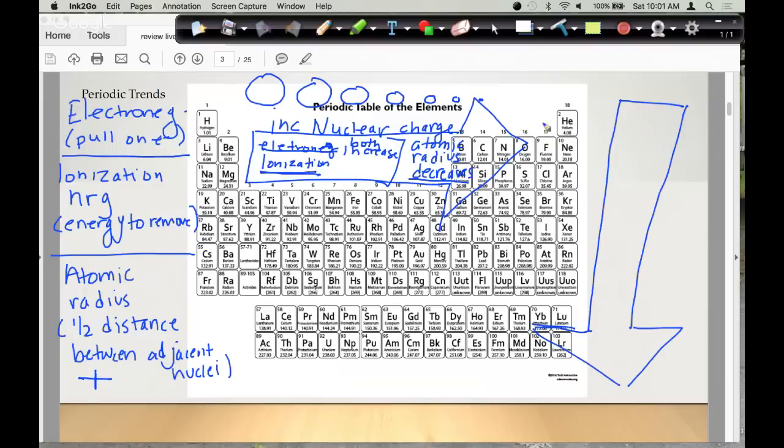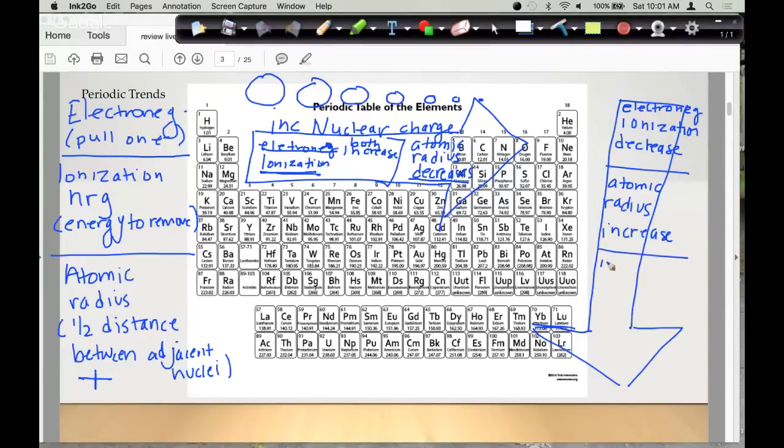As we go down a group, we tend to see the opposite trend, where electronegativity and ionization energy both tend to decrease as we go down a group. Atomic radius tends to increase as we go down a group.